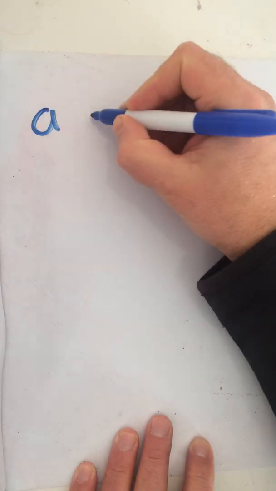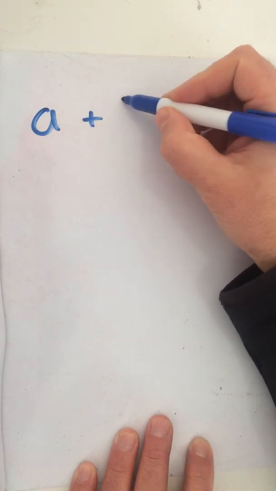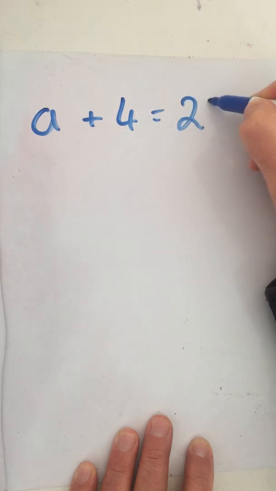But now I'm going to show you the method that you need to use in order to do them. I know a lot of you can do these in your head, but you do need to use this method, because when it gets much harder, you won't be able to do them in your head, I can assure you. So let's look at this question: a plus 4 is equal to 21.